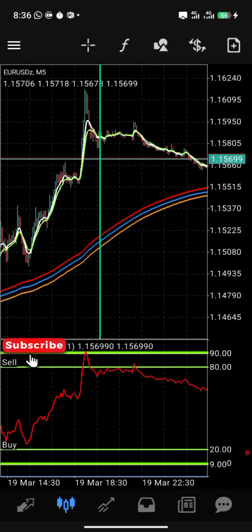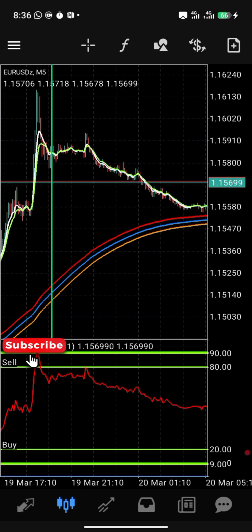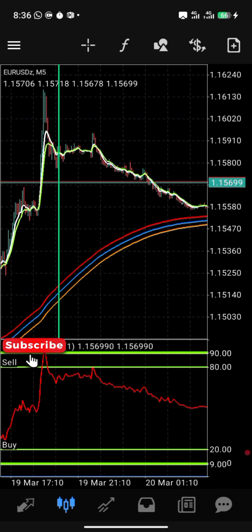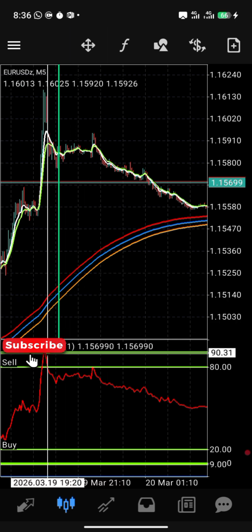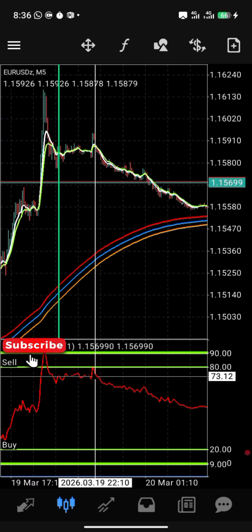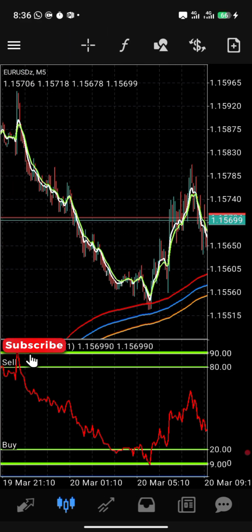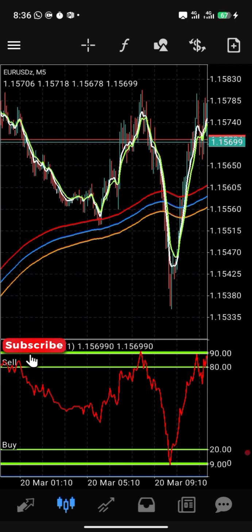Good. Now, in this case, price was already above, which means we're trading upwards. But at this point, price was at the sell zone, so we will not take it. Yes, even though it played out, we will not be taking it.